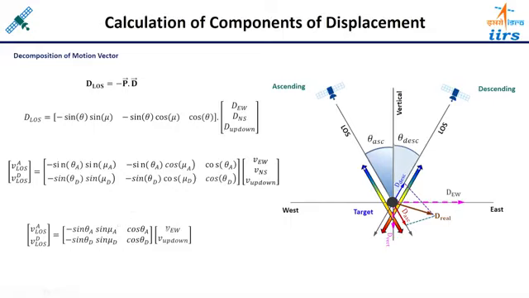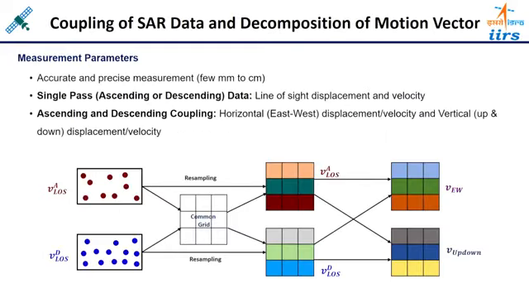The only unknowns are the horizontal and vertical velocities, or displacements. With two equations and two unknowns, they can be solved exactly, and both horizontal and vertical components of the deformation vectors were calculated. We have already seen this in the previous class. And the spatial distribution from the ascending and descending passes is not the same.